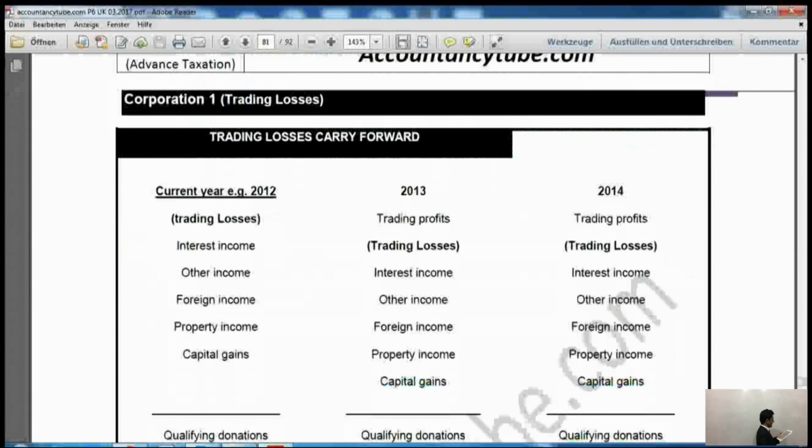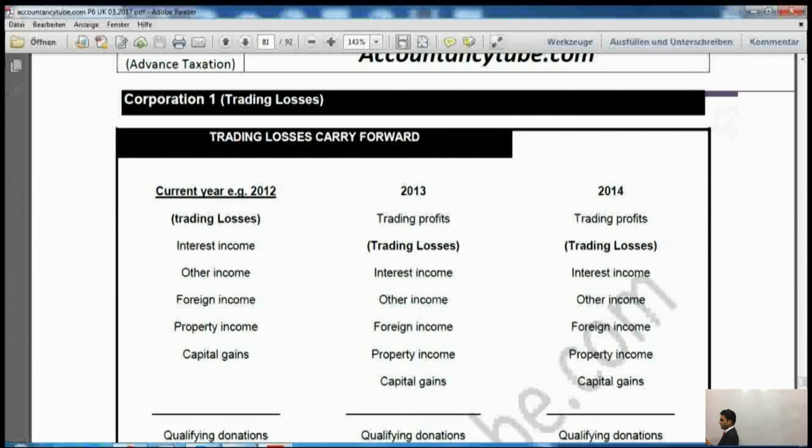Now the trading losses. Now look at this table. It gives us three figures here. The first one is a crunch year. Crunch year is 2012. Then it tells us 2013, and it also gives us 2014. Now what we are looking at is trading losses carried forward.